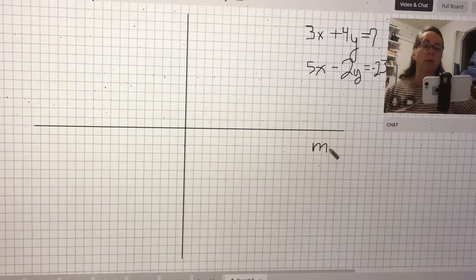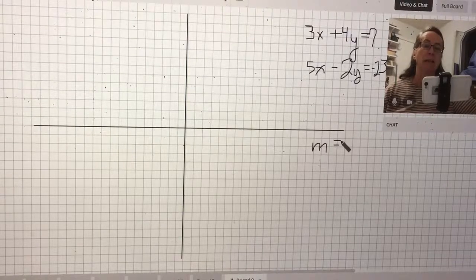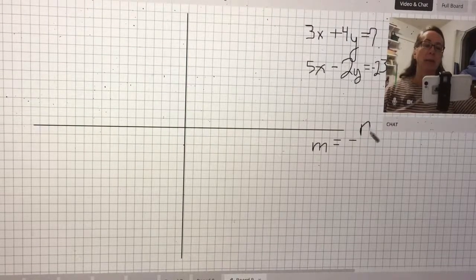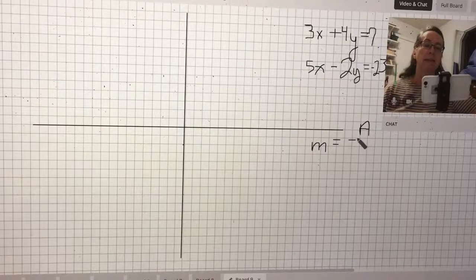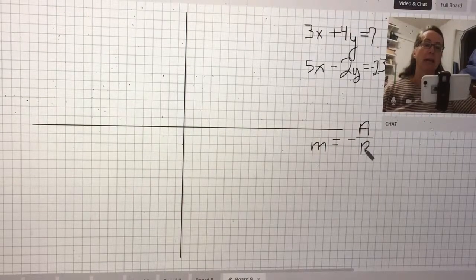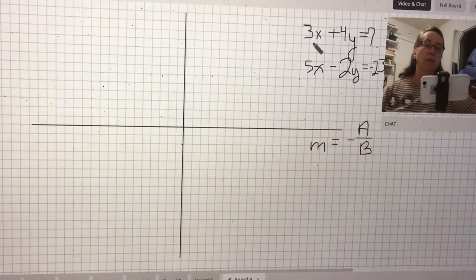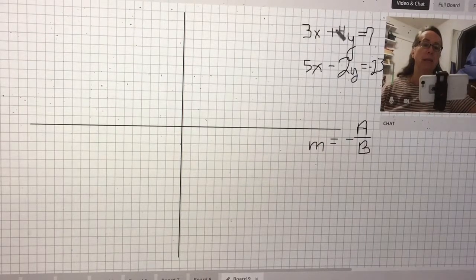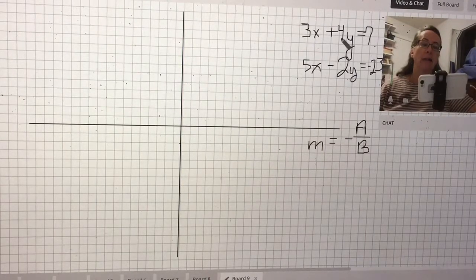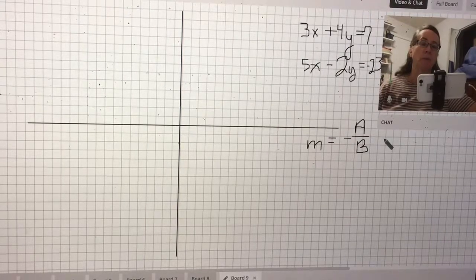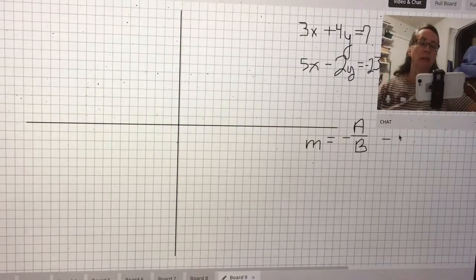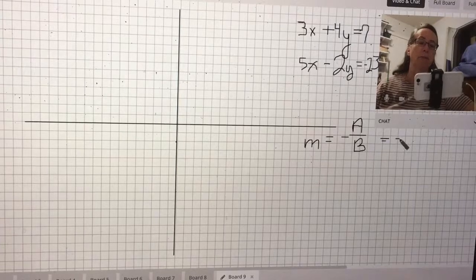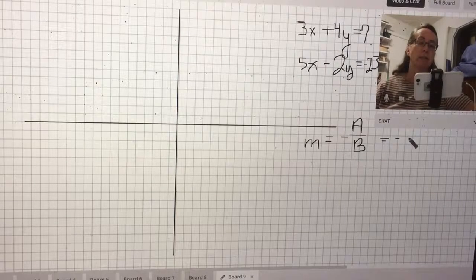Remember I just told you that the slope of a line in standard form is going to be negative a over b. When I look at the first line, the a is a 3 and the b is a 4. And so negative 3/4 is the slope of the first line.